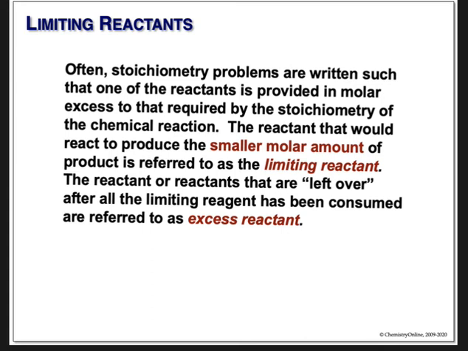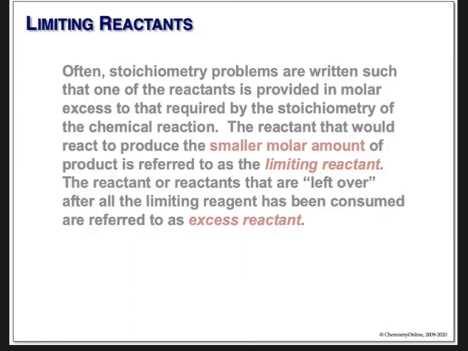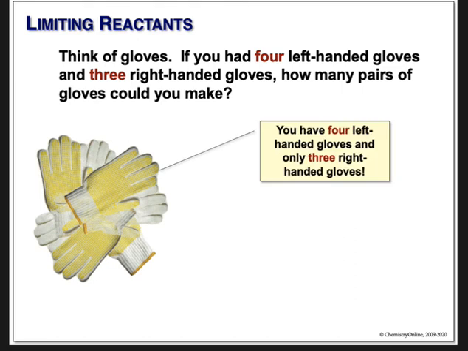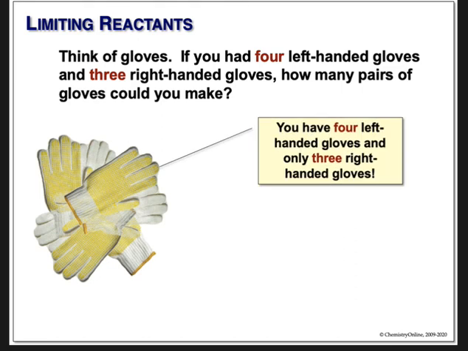Now this is, I think, easiest understood if you think about gloves. All right, it's starting to warm up. We don't need gloves anymore. But as wintertime approaches, generally you look in your closet on the floor and you see a pile of kid gloves, and you've got to come up with pairs for the kids, right?